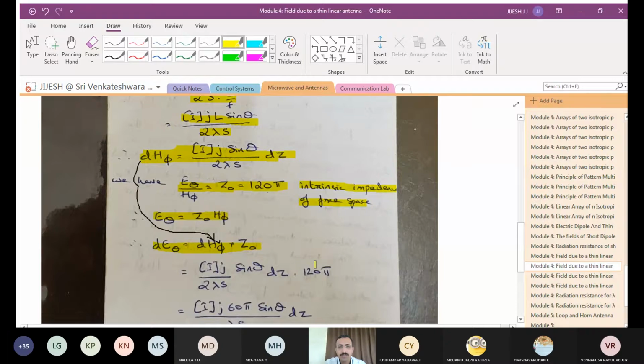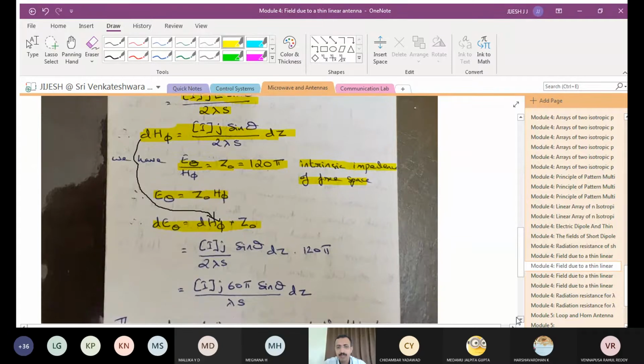So dE theta is equal to I j sin theta divided by 2 lambda s dz into 120 pi. Let me cancel out the terms which can be cancelled, and we simplify it. So this is what we finally get for dE theta: I j 60 pi sin theta divided by lambda s into dz. We can make a note of these equations, then we'll move on.